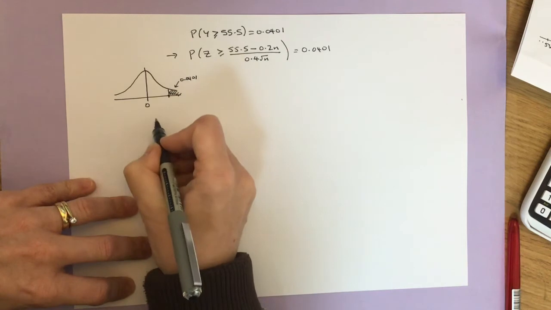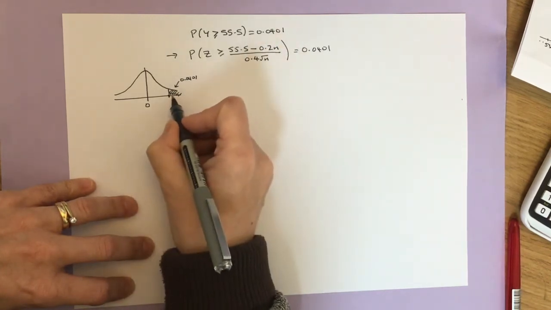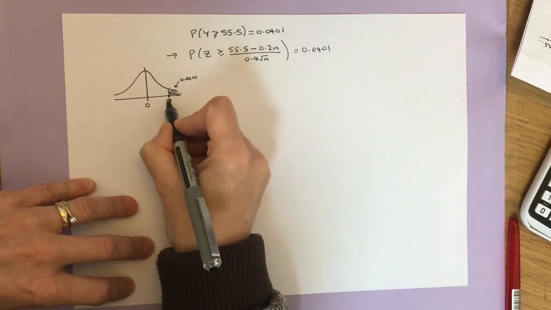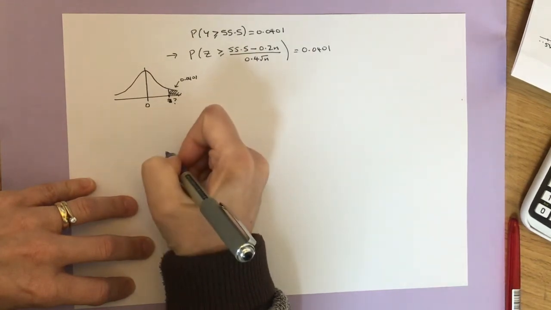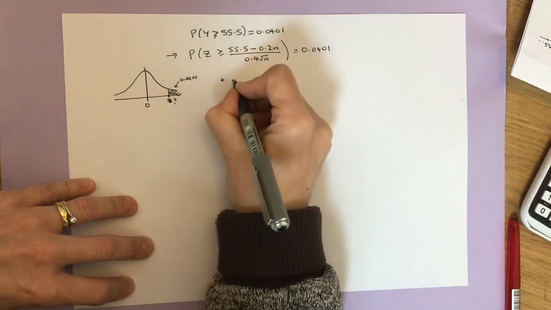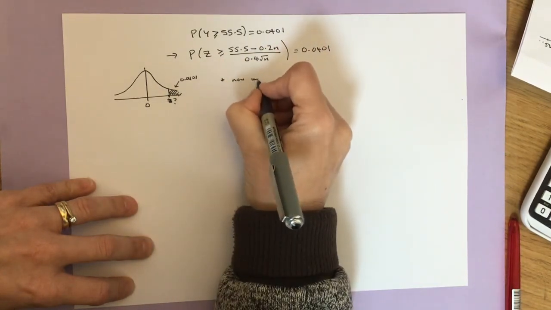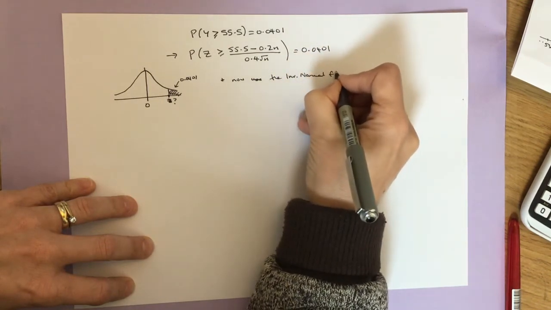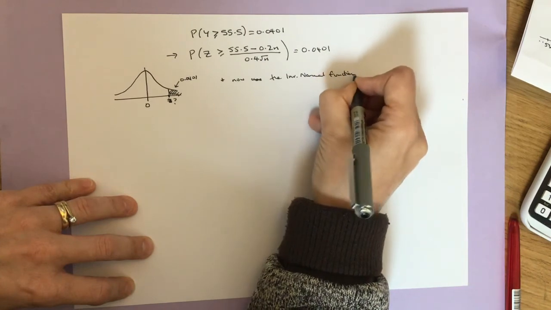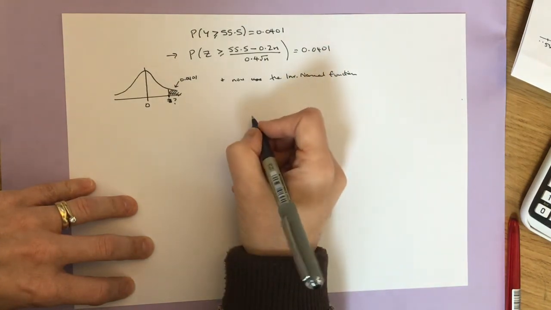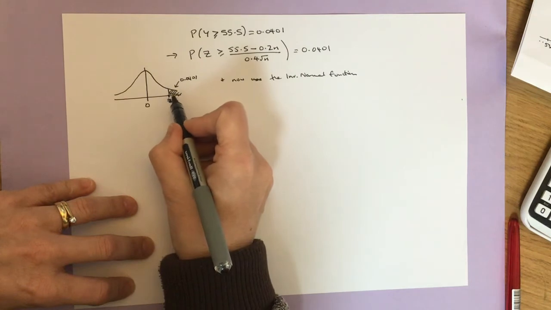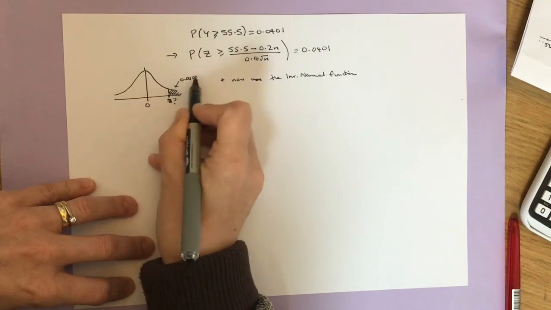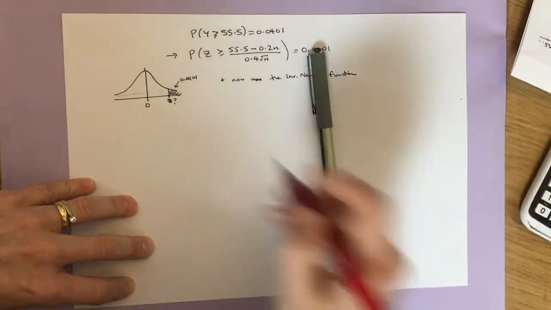Okay, and so what we're going to do now, we're going to use our inverse normal function to give us this value of Z here. So what's that value of Z? We're going to use our inverse normal to do that. So I'm just going to write that down. So now use the inverse normal function, and that's going to give us a value of Z. Okay, so let's have a look at that. Don't forget then, on your inverse normal function, it does the area up to this, so we're going to have to make sure we take this off 1 to get this bit of the area here.